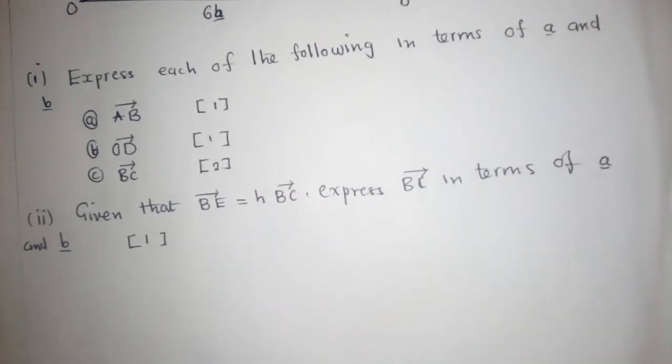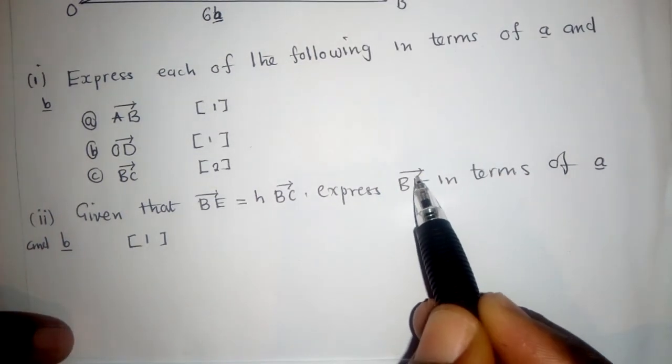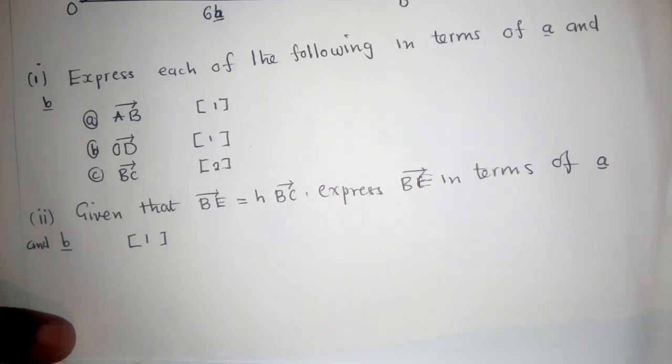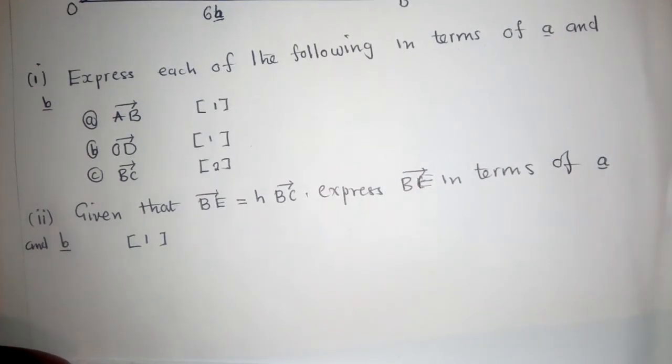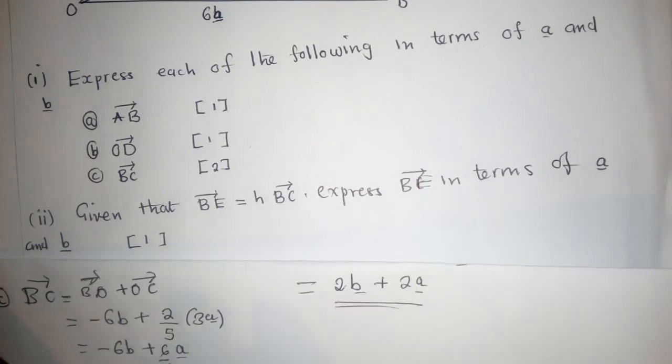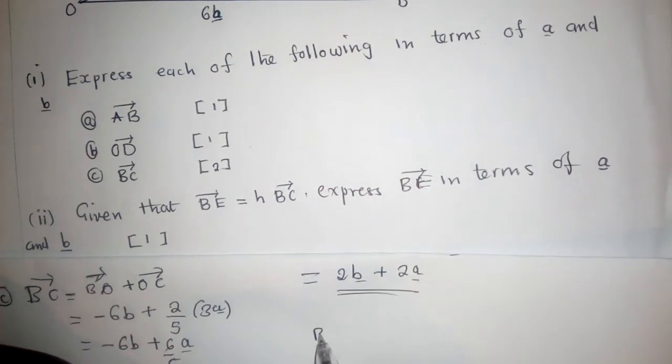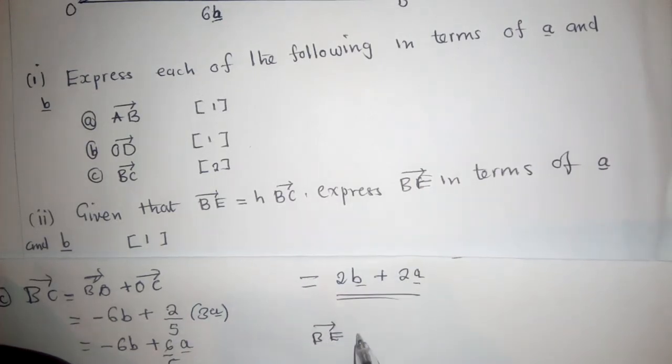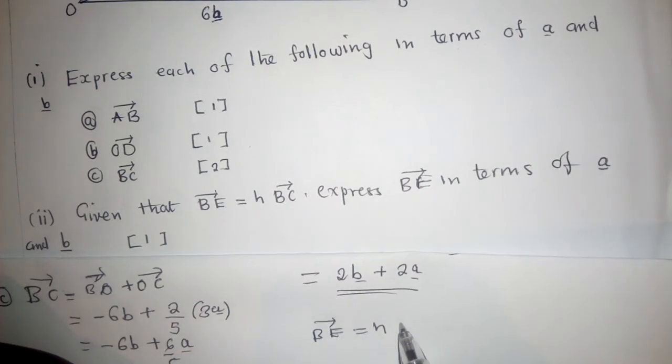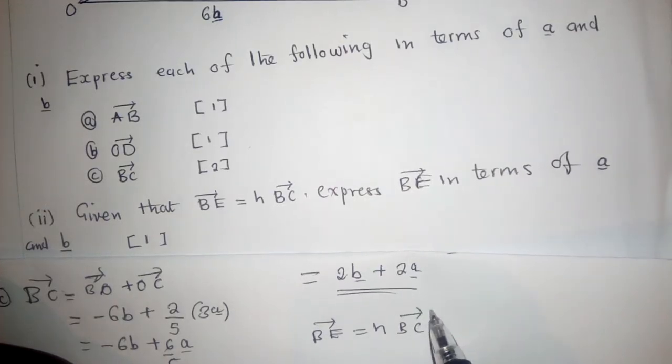So the next question, they're saying, given that vector BE is equal to h multiplied by BC, express BE in terms of A and B. So what we normally do here is you get your BE here, which you've been given, and then they say multiply by BC.